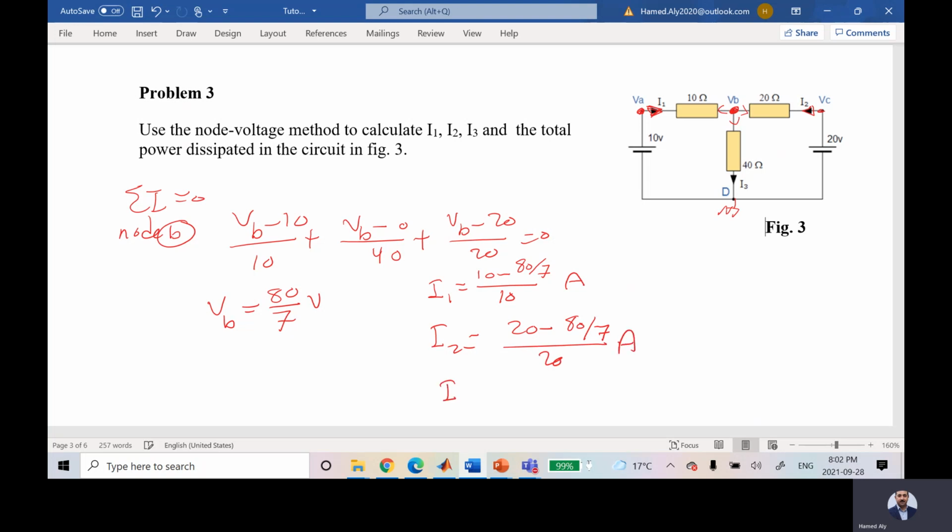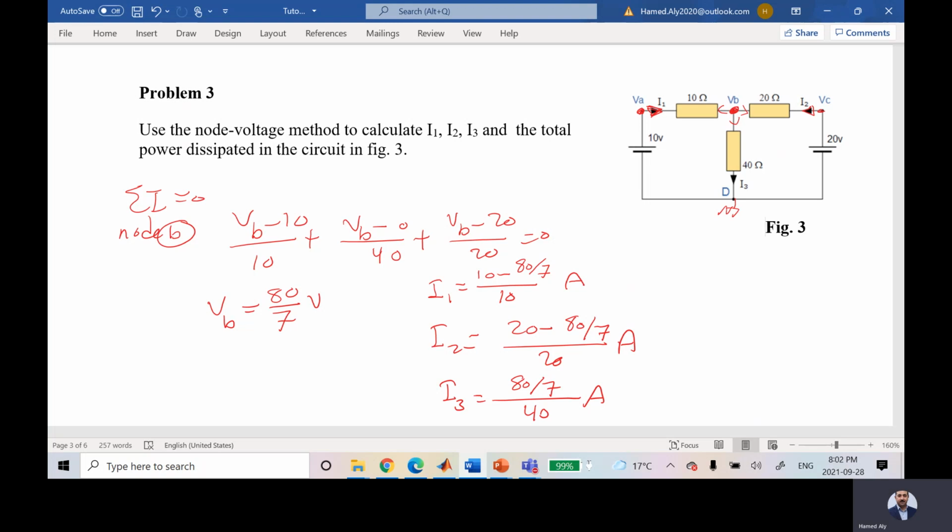And the last one, I3, is this current, which is VB, 80 over 7, divided by 40 amps. By doing that, you have already calculated I1, I2, and I3.